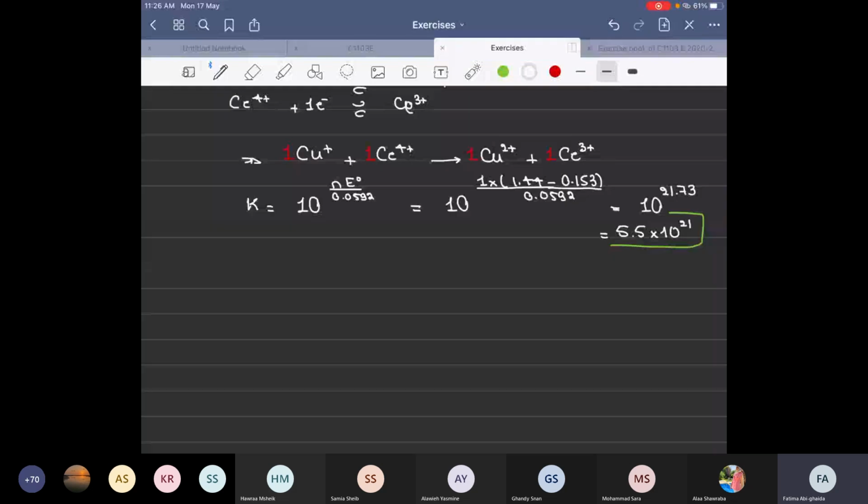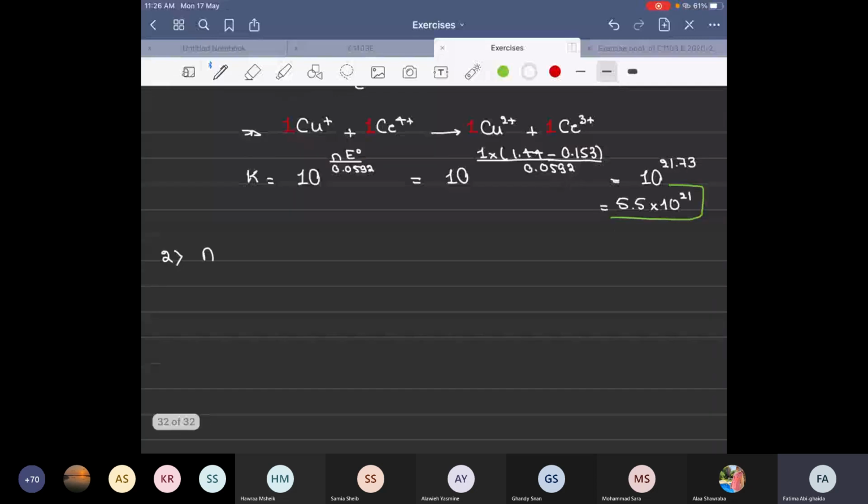Let me find it. Not E at equivalence, sorry, V at equivalence. So at the equivalence point, the number of moles of Cu+ divided by its stoichiometric coefficient must equal the number of moles of cerium 4+ divided by its stoichiometric coefficient.